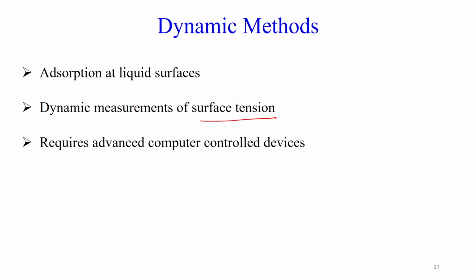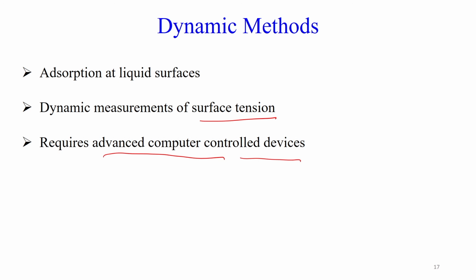So, if you can measure what is happening at the interface, we should be able to calculate or estimate the surface tension. Especially as this is a dynamic method, we require advanced computer control devices to monitor what is happening at the interface over a few milliseconds to a scale of minutes or so.